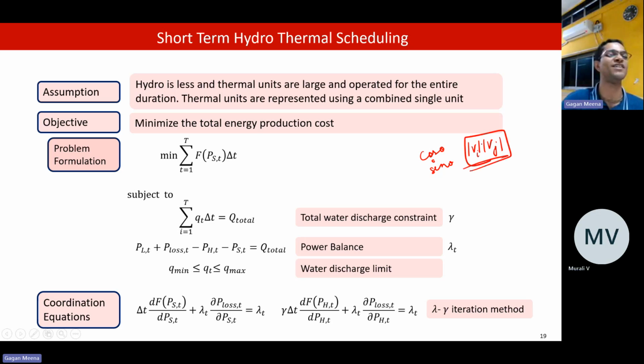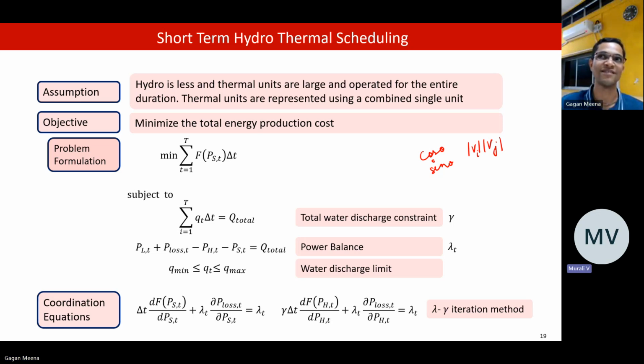This is also non-linear because Vi is not known, Vj is also not known. This product is the main source of non-linearity. We can use polar or rectangular coordinates, but even after using that, we still have this problem.